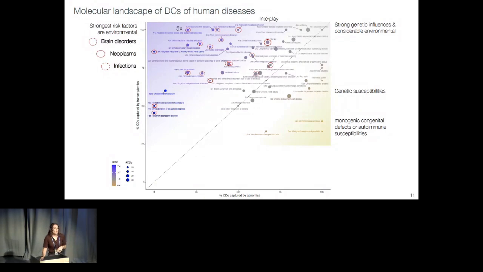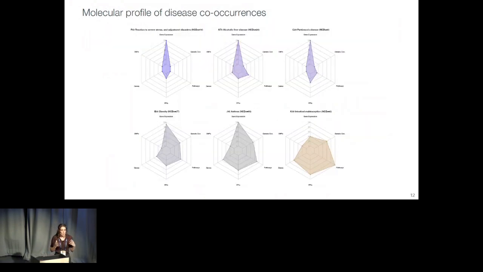And then we can see each of the points in greater detail. For instance, here we have some examples. The first plot, in purple, is post-traumatic stress disorder, which is mostly explained by transcriptomics, and it's actually 5 times better explained than by genomics. And then we have a wide range of particular scenarios that we can take a look at.